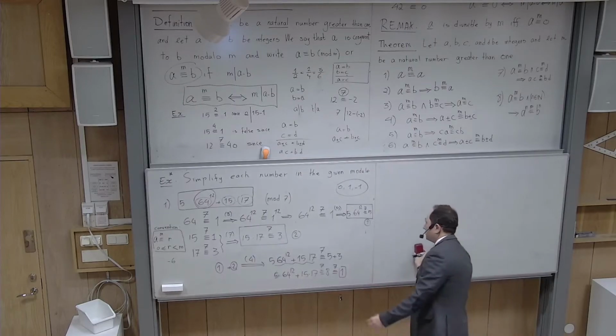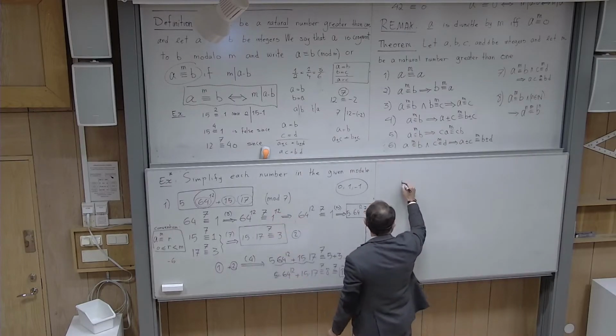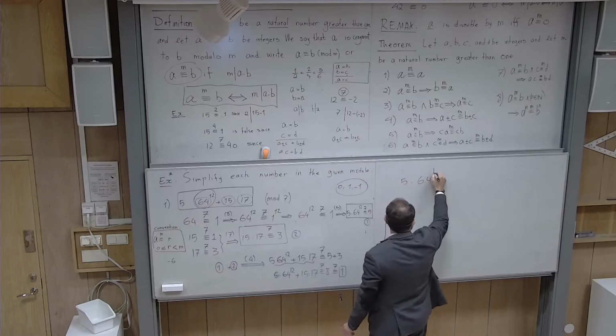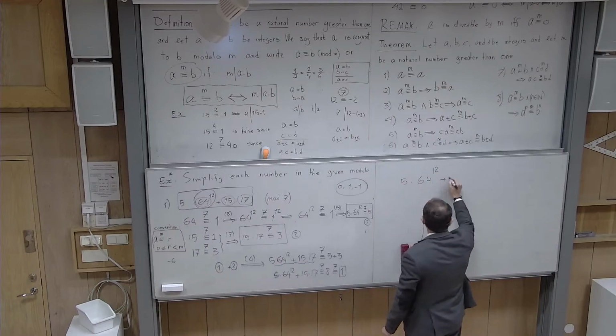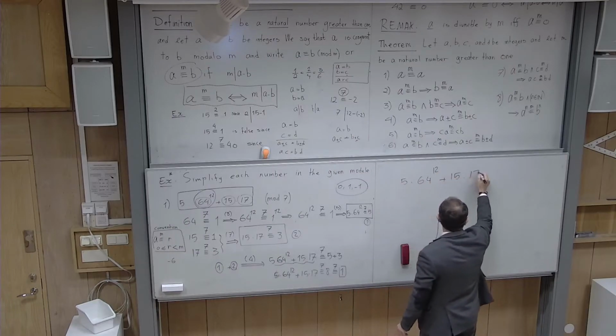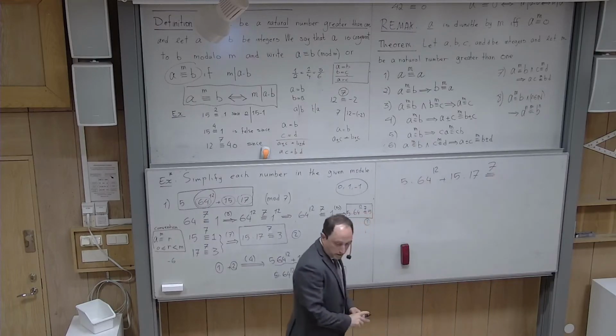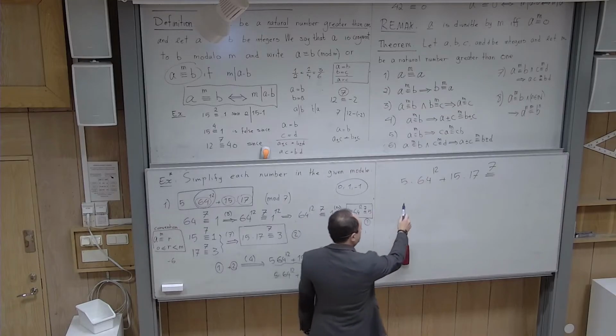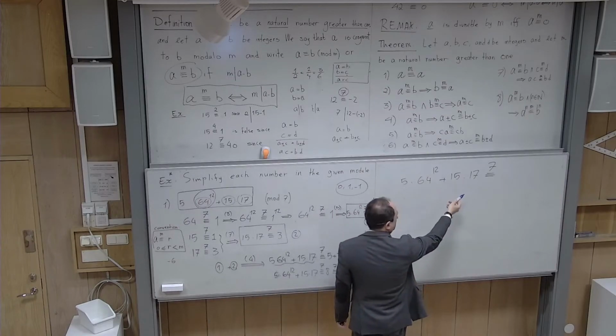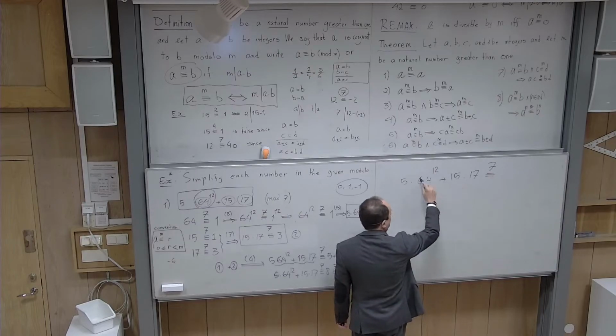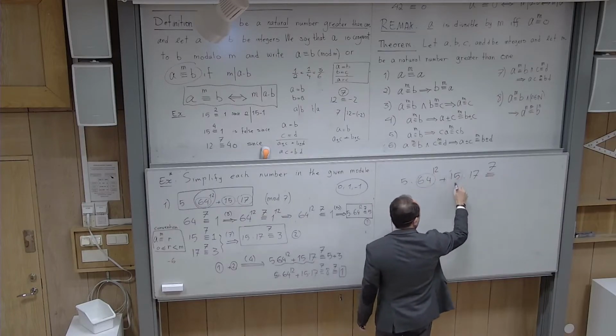So I want to do the same problem a little bit faster. My goal is to simplify this in modulo 7. First I go to the numbers sitting in the base and choose the ones which are larger than my module. I have 3 of them here.